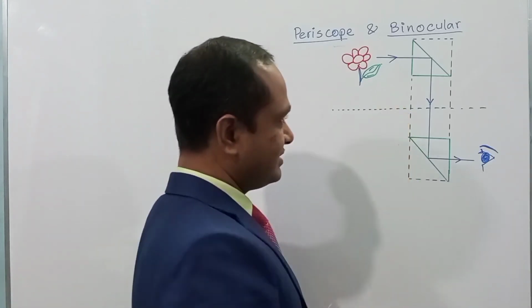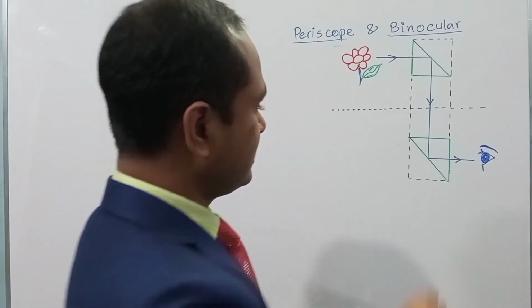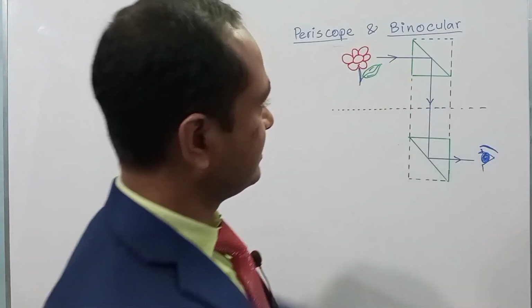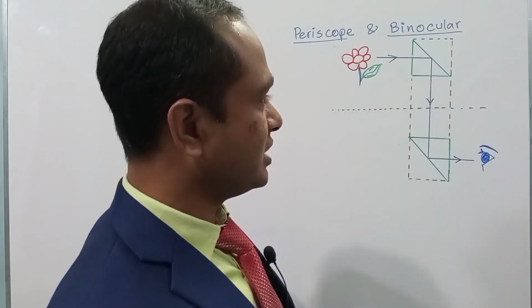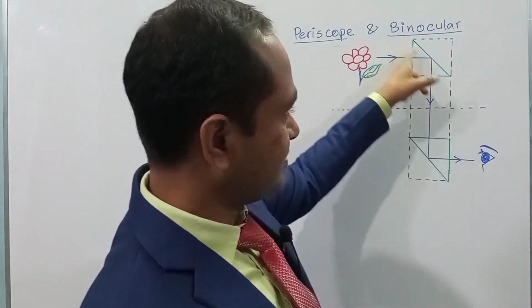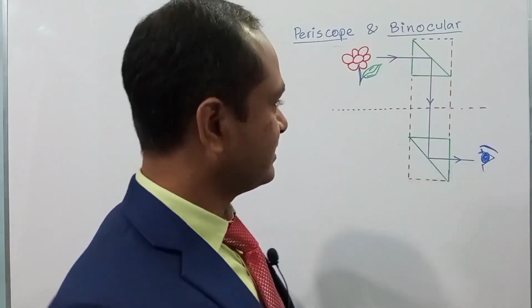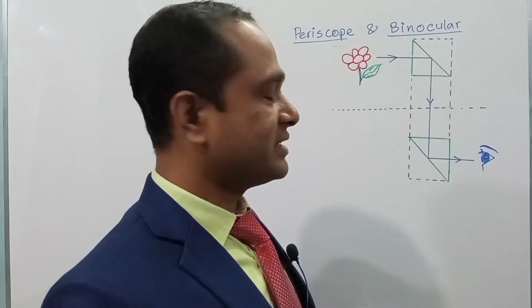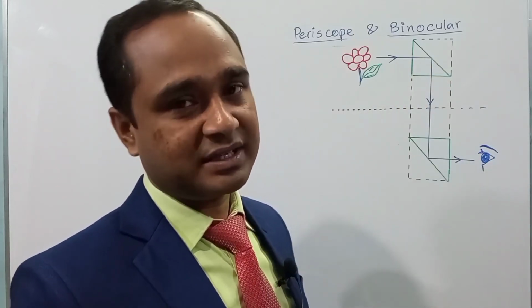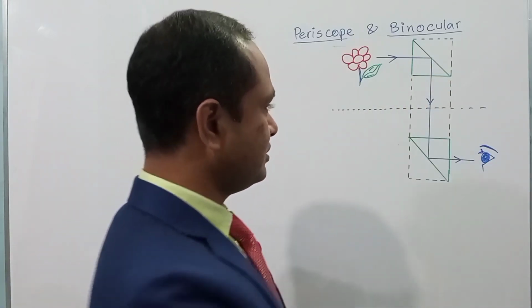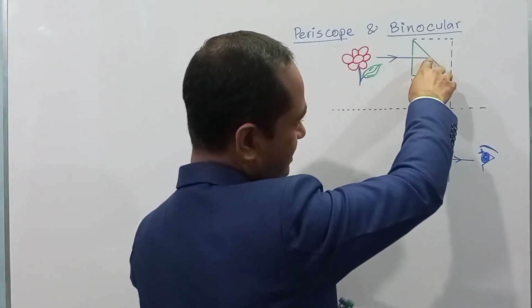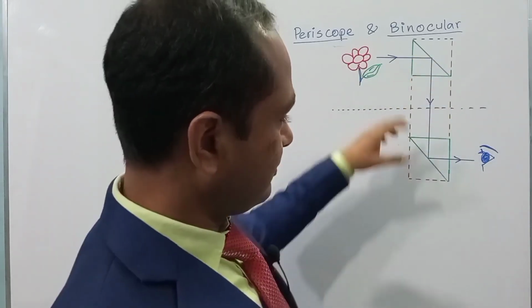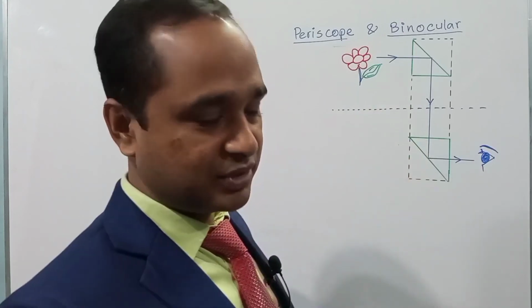The prisms are set in such a way that when light enters the first prism, due to total internal reflection, because the surface is set in such a way that the incident angle becomes more than the critical angle between the 2 mediums, the ray of light is transferred to the second prism.